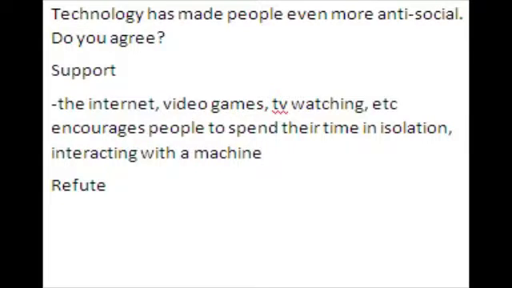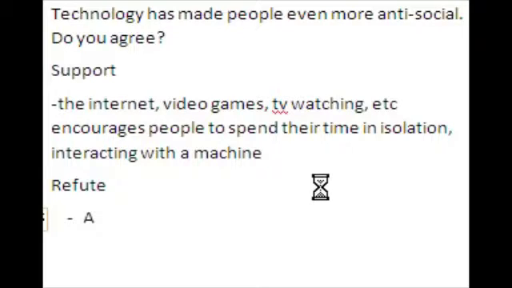Now, on the refute side of it, in some ways, yes, technology has caused people to spend more time in front of a computer, but it has also opened up a whole number of other avenues for people to communicate through. So something that would refute this argument perhaps would be these new technologies that have helped people to communicate.